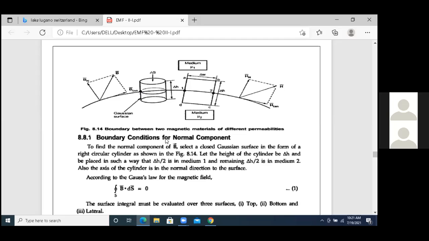Let the height of the cylinder be delta H, and be placed in such a way that half is in medium 1 and half is in medium 2.